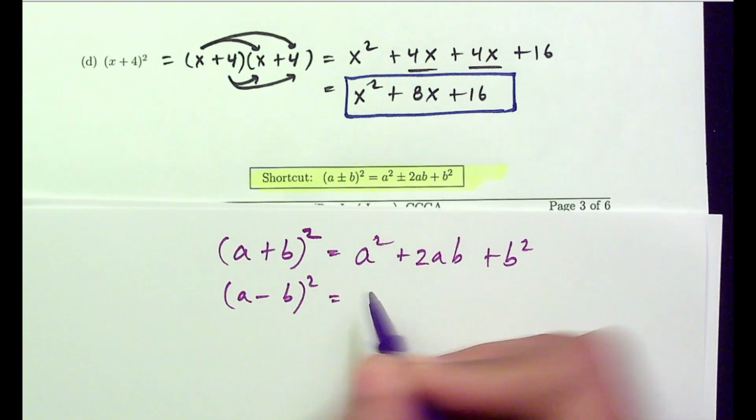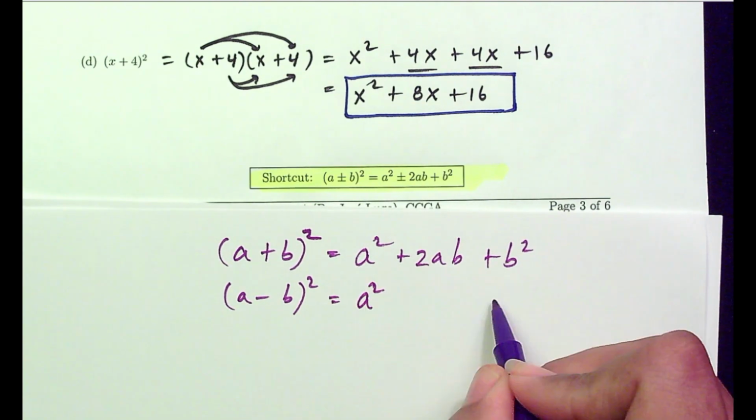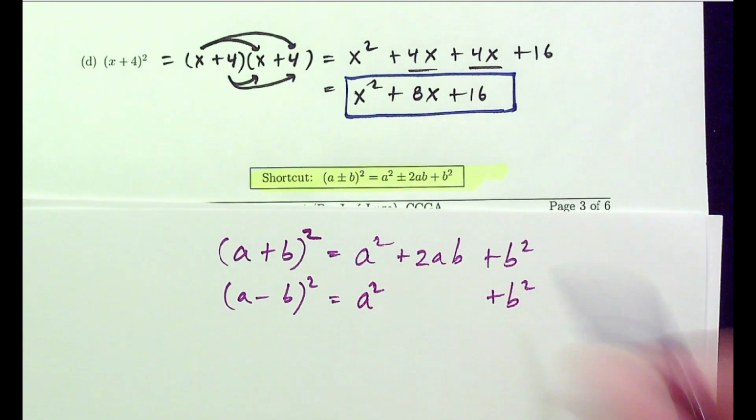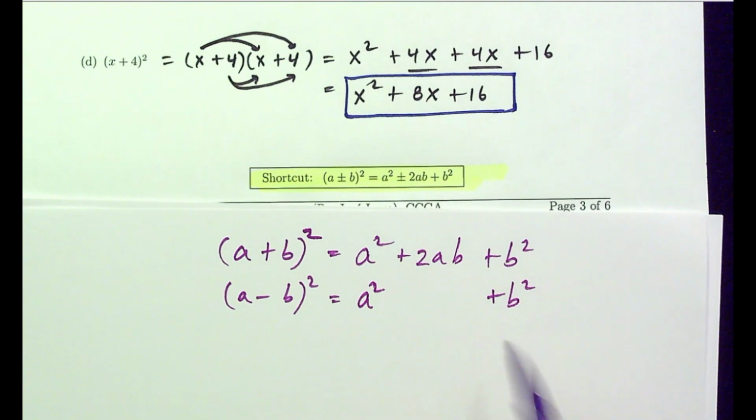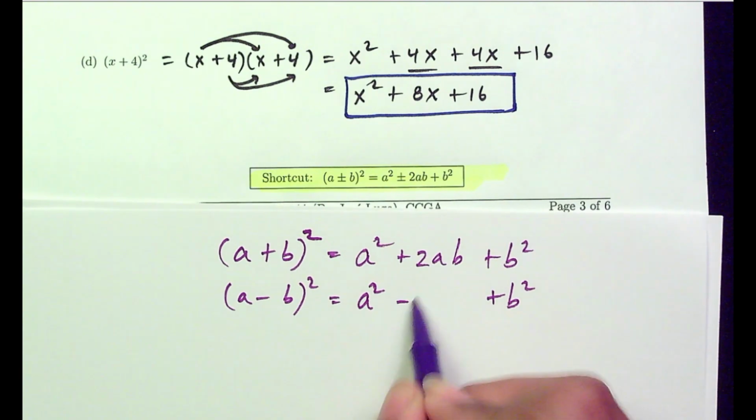Alright, for the next one, it's going to be the same. Square the first one, square the second one. If you square negative b, you're going to get positive, so that's going to be positive regardless. So in both cases, you're going to get plus b squared. And then the term in the middle, exactly the same thing. You multiply a times negative b, that's negative ab, times 2 is negative 2ab.